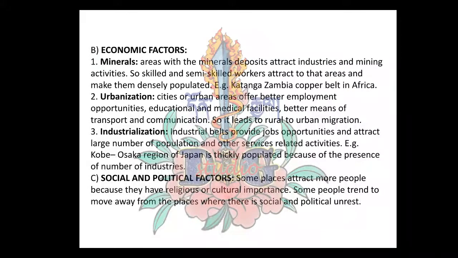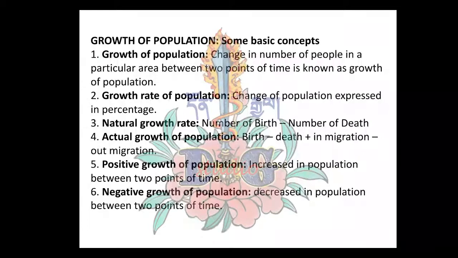So the third topic. We have already discussed two topics regarding the world population: the distribution and the density. The third topic related to the world population is the growth of population. Before going to the growth of population, we are going to study some basic concepts related to it.